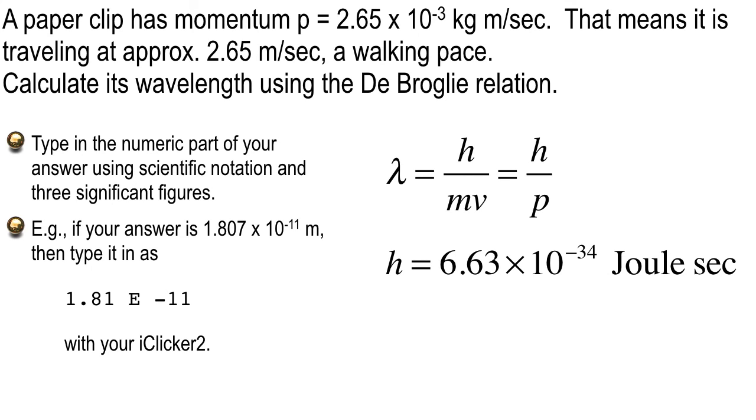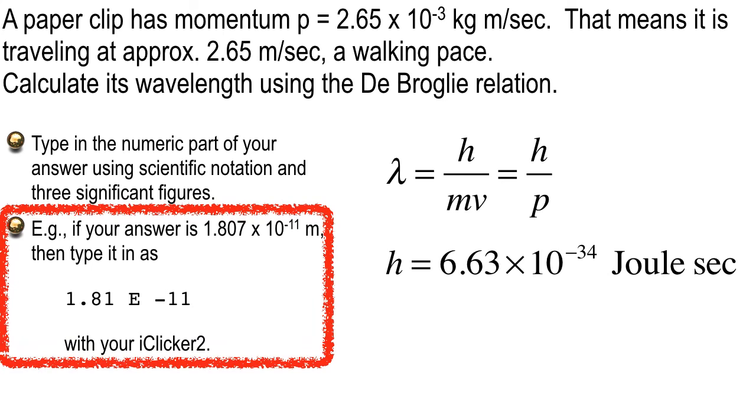All right? And if you get something times 10 to the minus 11, type it in as 1.81, for instance, and then the letter E, and then minus 11. And by the way, turn on the lights. When you're on this, Jessica and everyone, be careful.